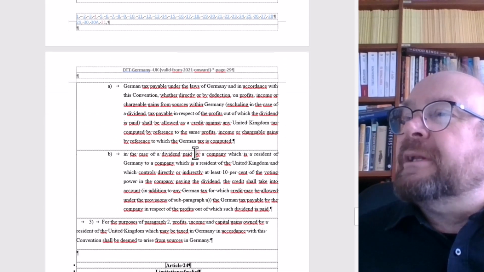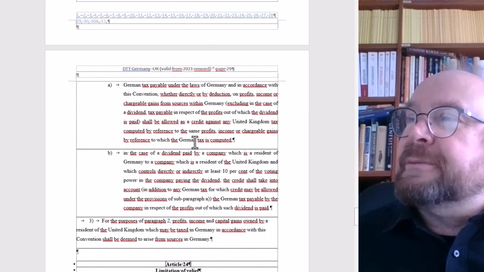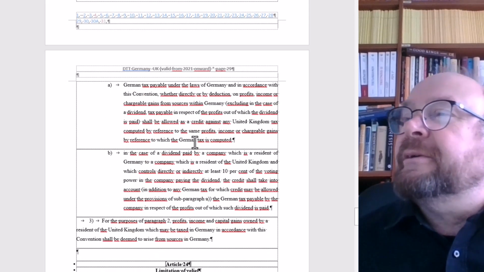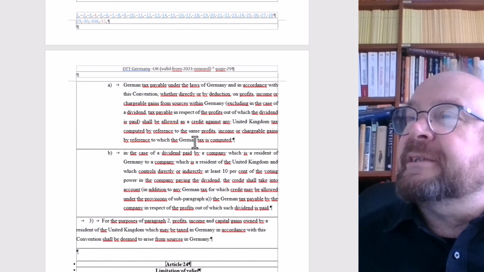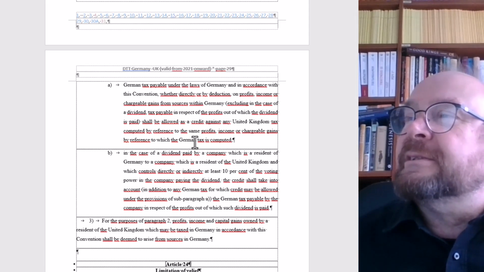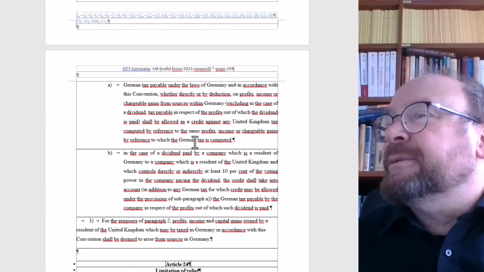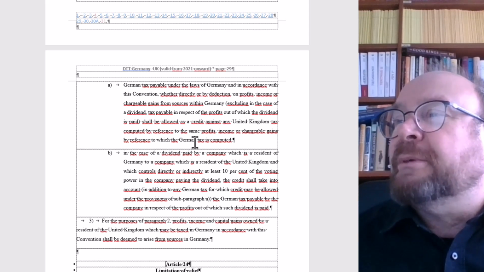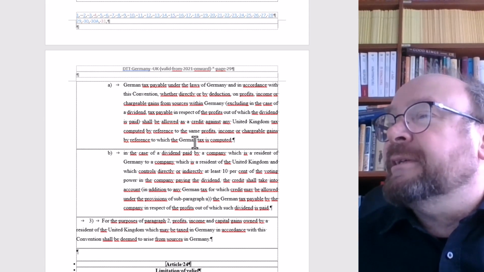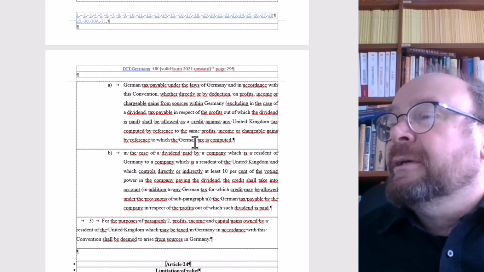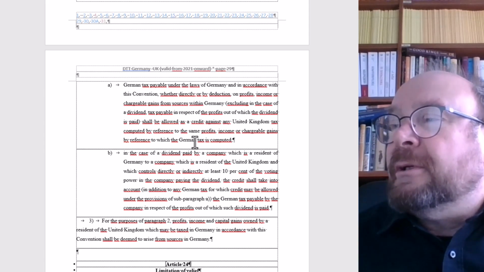German tax payable under the laws of Germany and in accordance with this convention, whether directly or by deduction on profits, income, chargeable gains and so on, shall be allowed as a credit against UK tax, computed by reference to the same profits, income, or chargeable gains and so on.